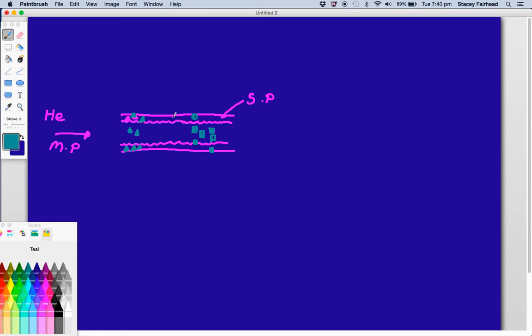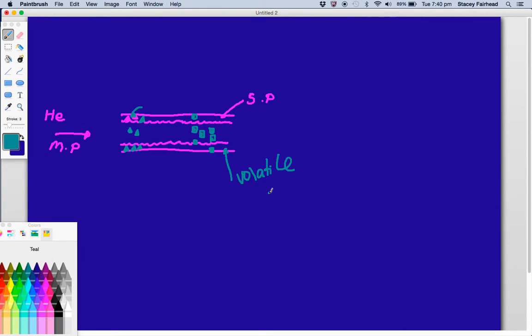Now, it's this pattern here that's very important when you're considering what's what. So it's these ones here that are in the mobile phase that enter in really easily. They're your more volatile substances.